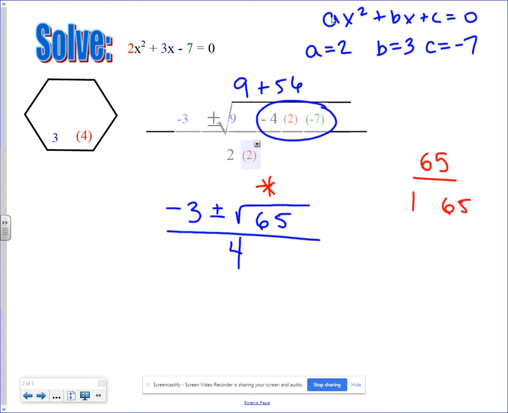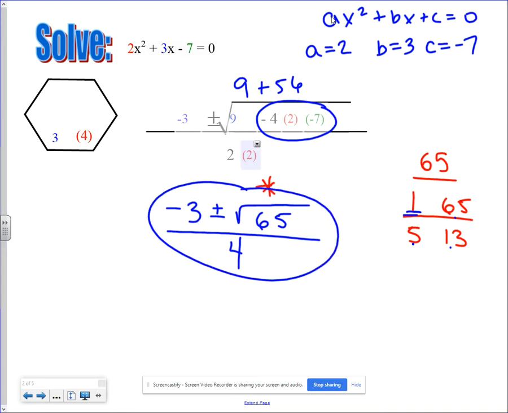What else goes into 65? 5 does, right? 5 and 13. Are there any other factors of 65? No. Are any of these factors of 65 perfect squares besides 1? Because 1 doesn't really count. It goes into everything. Nope, nope, nope. So this is reduced. This is your answer.